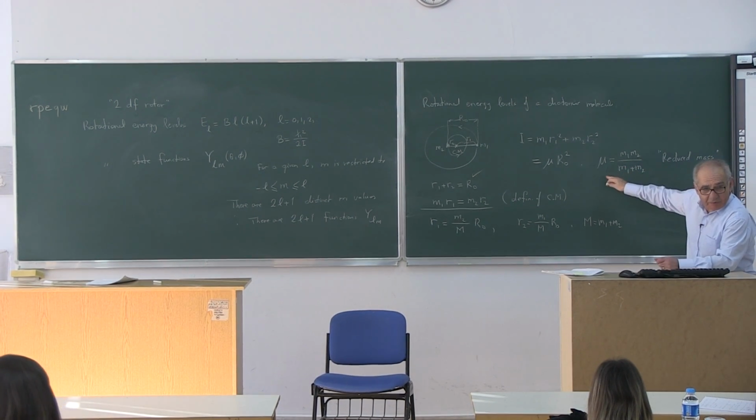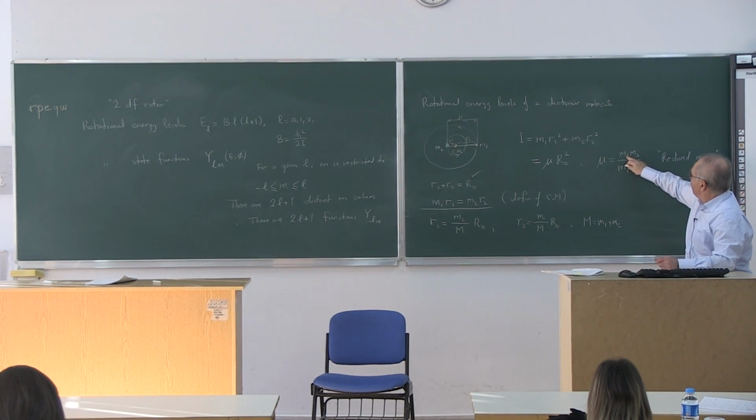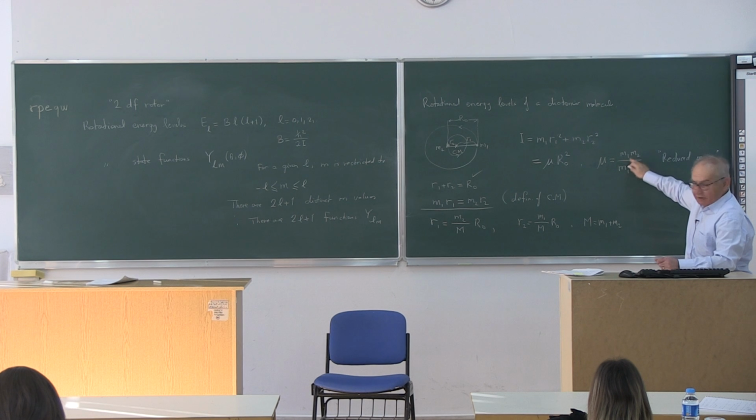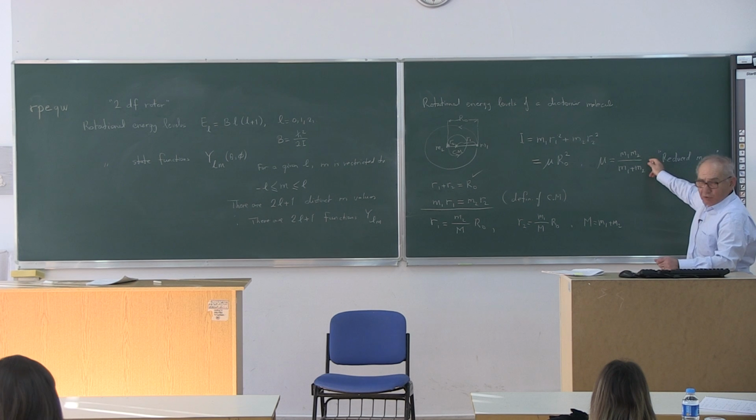It has mass unit, of course, because here in the numerator you have square of mass unit, but there is a first power of mass unit in the denominator. Therefore, the net unit is mass unit. If you are using kilograms, the net unit is kilograms.